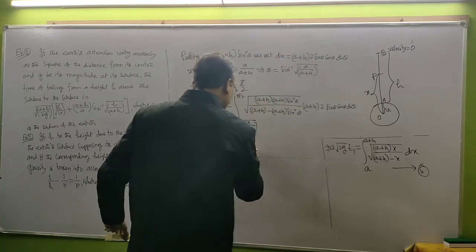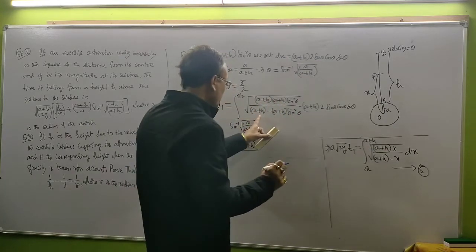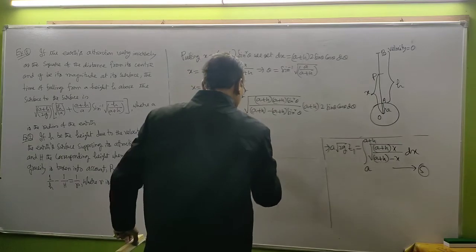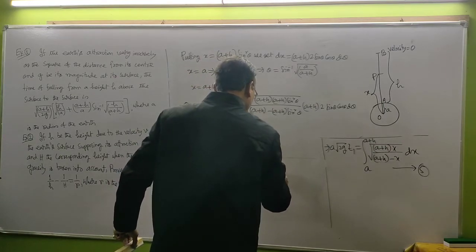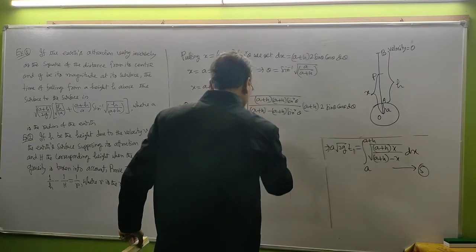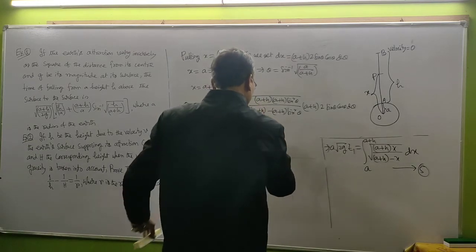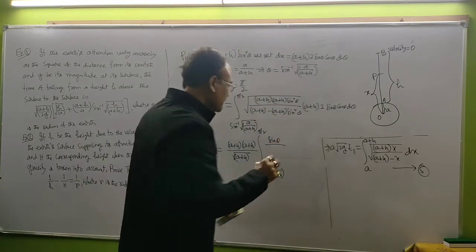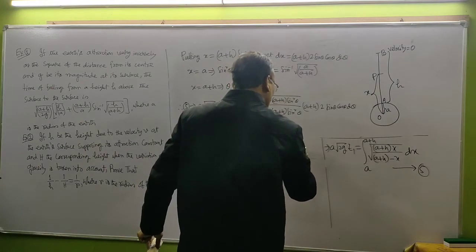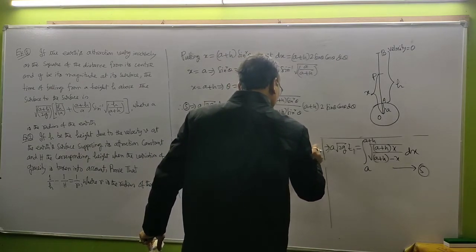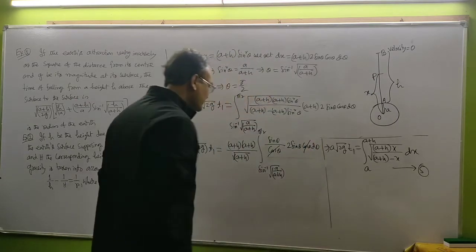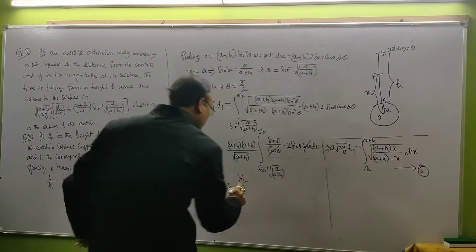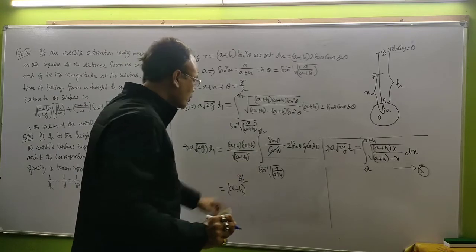From here a plus h, another a plus h will come, and root over a plus h will come from the denominator, with limits sin inverse root over a divided by a plus h to pi by 2. It will be sin theta, and 1 minus sin square theta will be there, means cos theta, times 2 sin theta cos theta d theta. This cos theta will be cancelled. This is equal to a plus h whole to the power 3 by 2, a plus h whole square divided by a plus h whole to the power half.